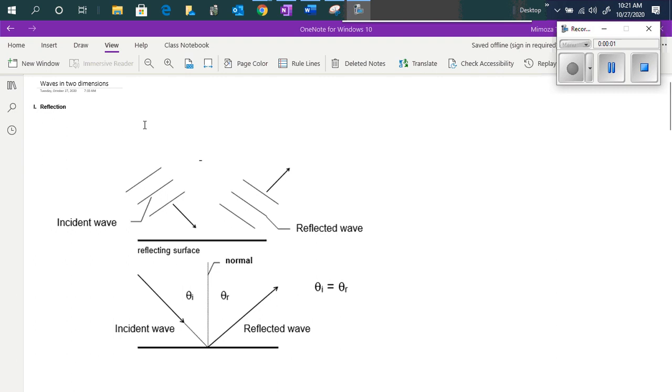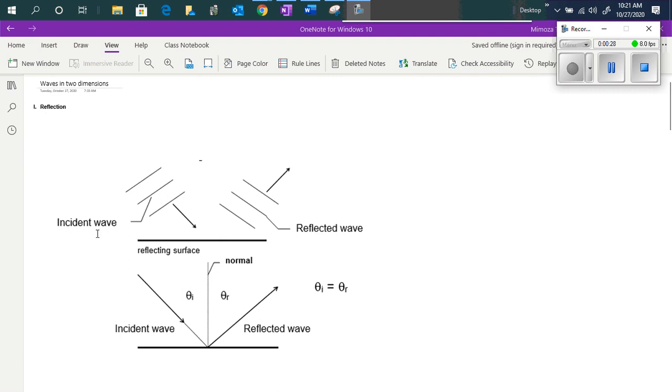About waves in one dimension and two dimensions, they have pretty much the same qualities, I would say. But what we will see is the way that waves in two dimensions behave when they reach a barrier.